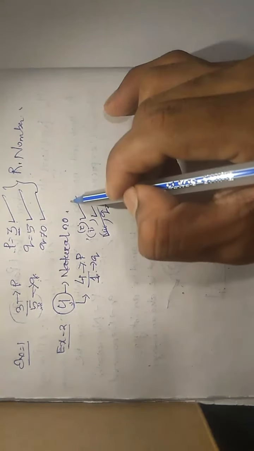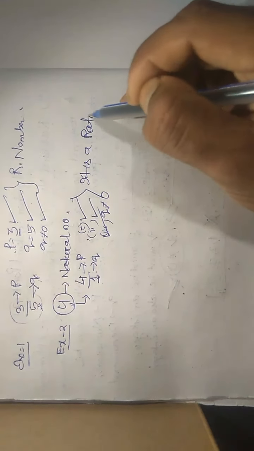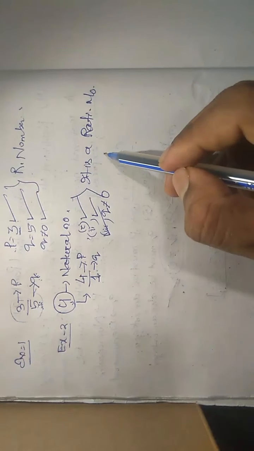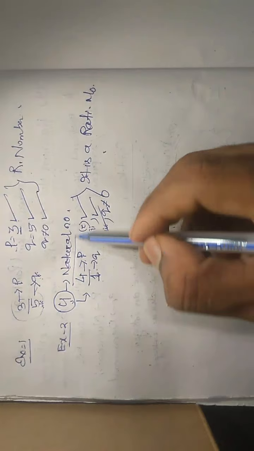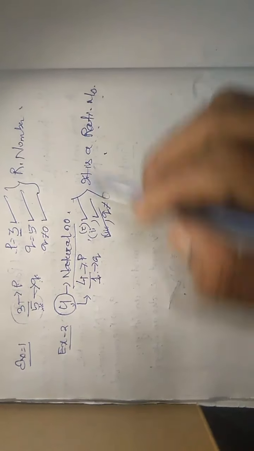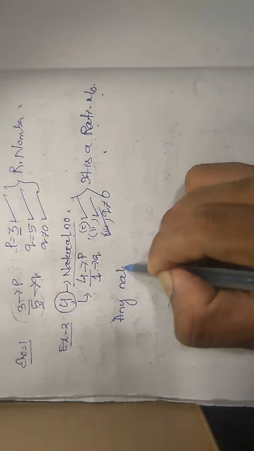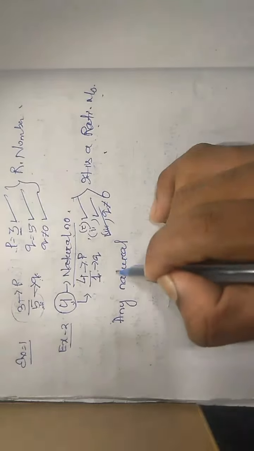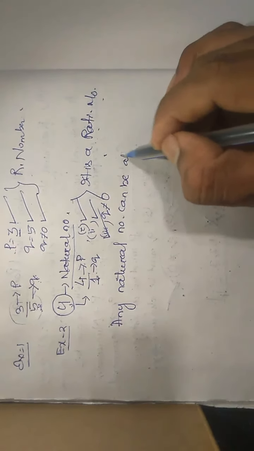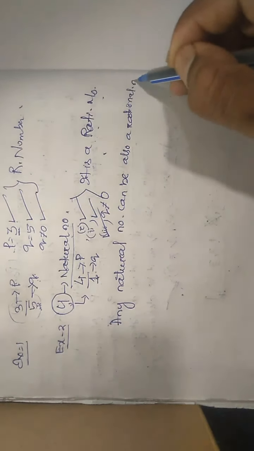So hence we can write it is a rational number. So what we have got? We have got, if 4 is a natural number, then it can be a rational number. So we can write any natural number can also be a rational number.